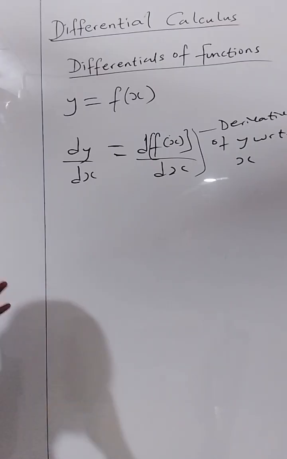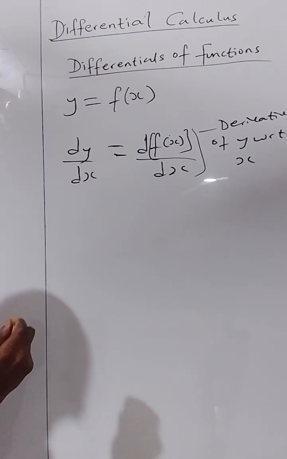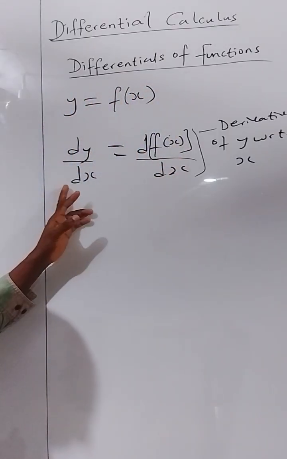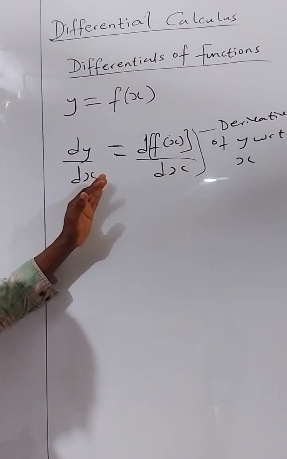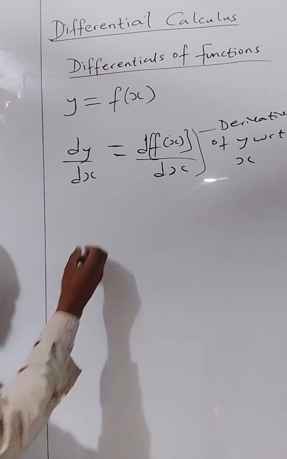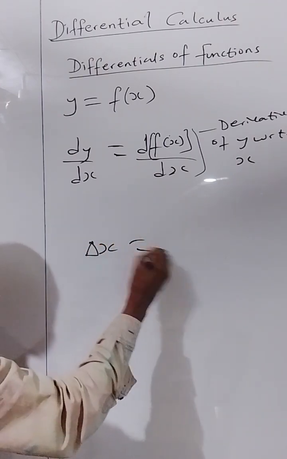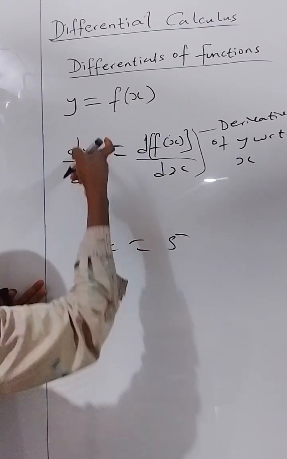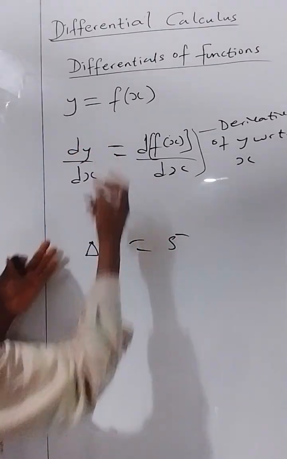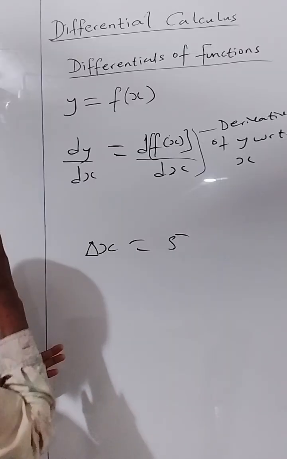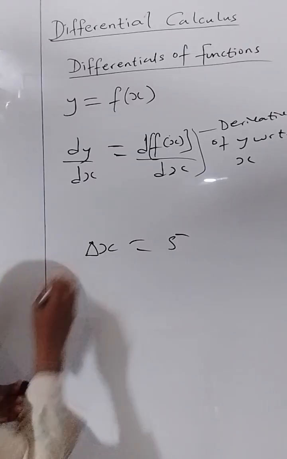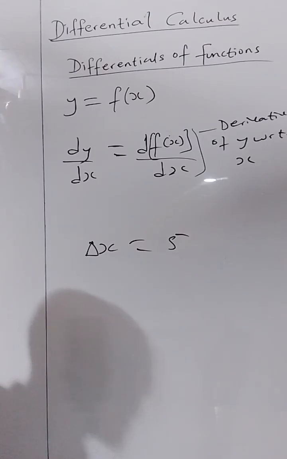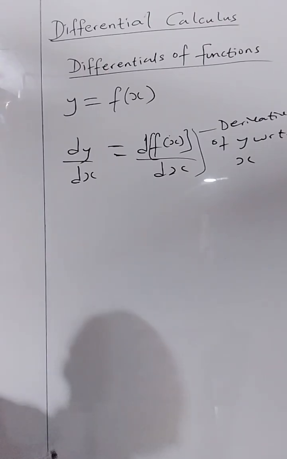In derivative, we only look at the effect of a unit change in x on y, but in differentials, we look at the effect of the total change in x on y. Say, for instance, the change in x is 5. What will be the total change in y due to a 5 unit change in x? So we are trying to find the differential of the function. Now, how do we do that?